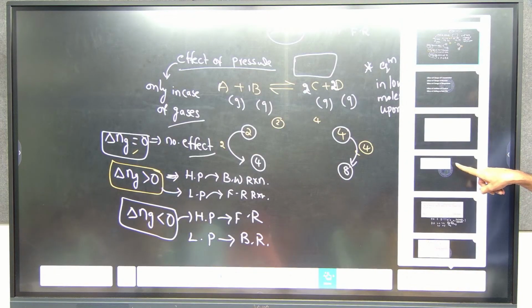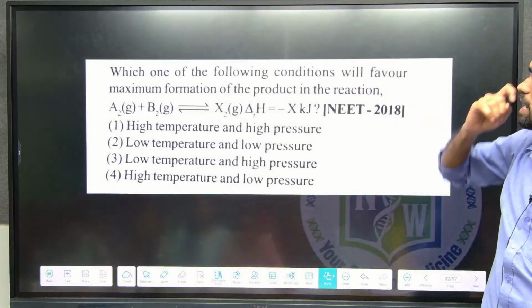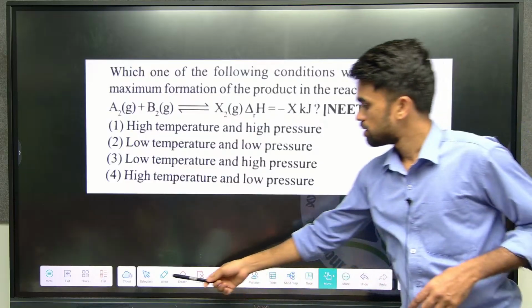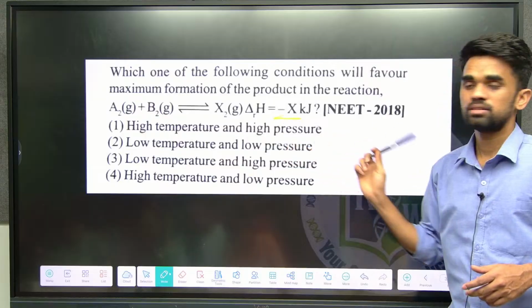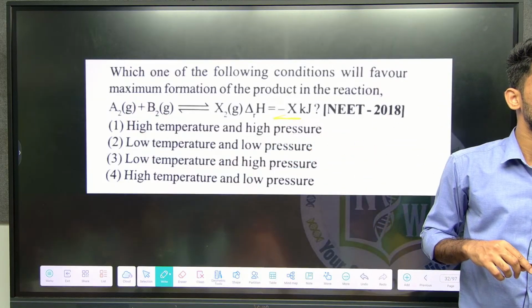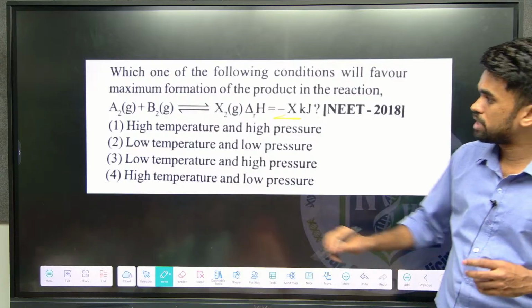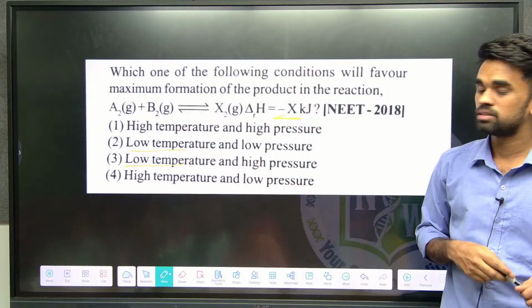Okay, look at this question. Which of the following conditions will favor maximum formation of product? First, check the temperature. What is this? Exothermic. So the forward reaction is favored by low temperature. Next, check the pressure.